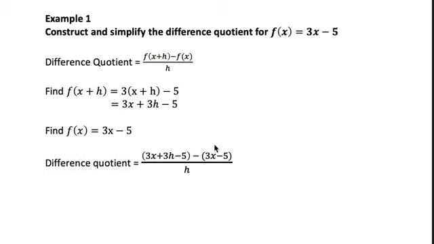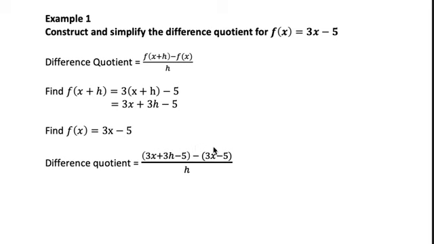So what we end up with is we have 3x plus 3h minus 5 in for f of x plus h. We have 3x minus 5 in for f of x. And there's a subtraction sign between them. Do you see where these are coming from? F of x plus h is right here. F of x is right here. And there's a subtraction sign between them.